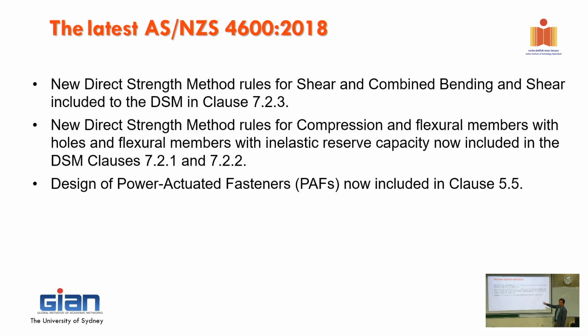So I'm not sure you are aware of PAFs. Right, so I'm going to talk about that very thoroughly later on. What is a PAF? A PAF is a new innovative fastener they use to punch into the steel to make the connection. So it's very powerful. It can be driven into steel with a thickness of 20 millimeters easily. So it can do it very quickly and very powerfully.